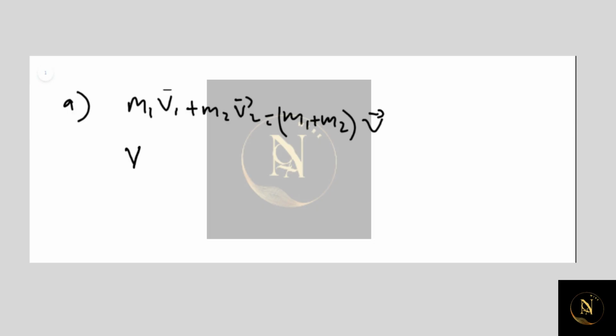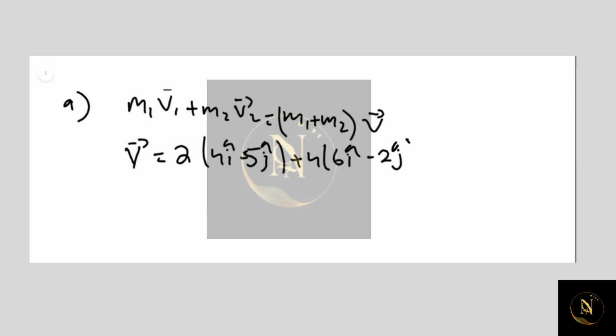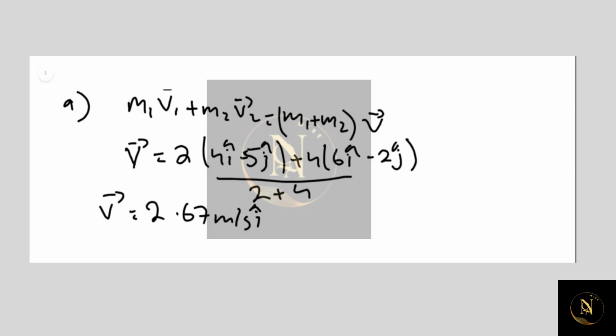Then we can find capital V by simply substituting values: 2 times (4i minus 5j) plus 4 times (6i minus 2j), divided by 2 plus 4. This gives us, for part A in vector notation, V to be 2 plus 6, that is 7 meters per second in the i direction, plus minus 3 meters per second in the j direction.